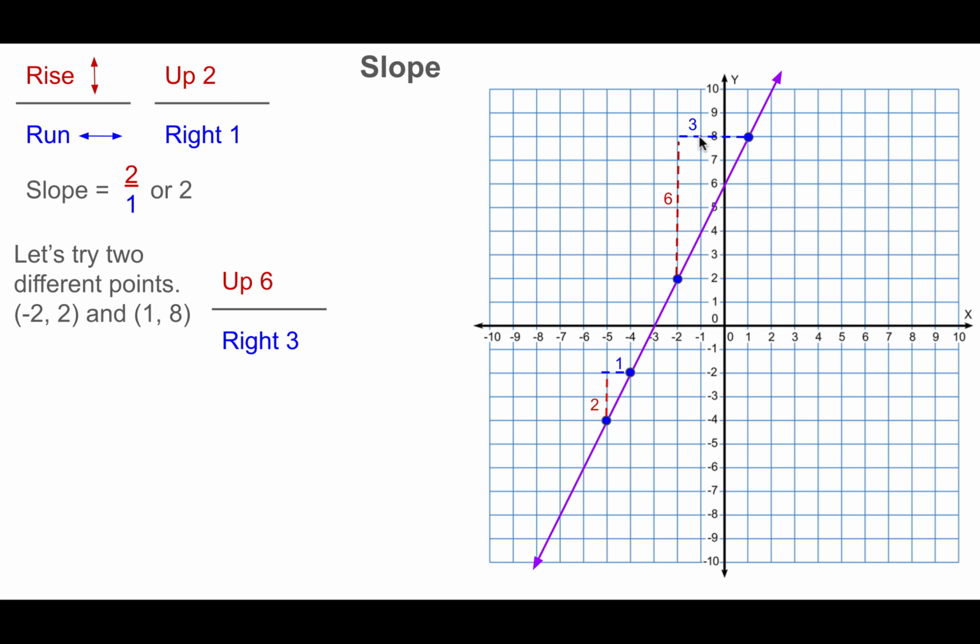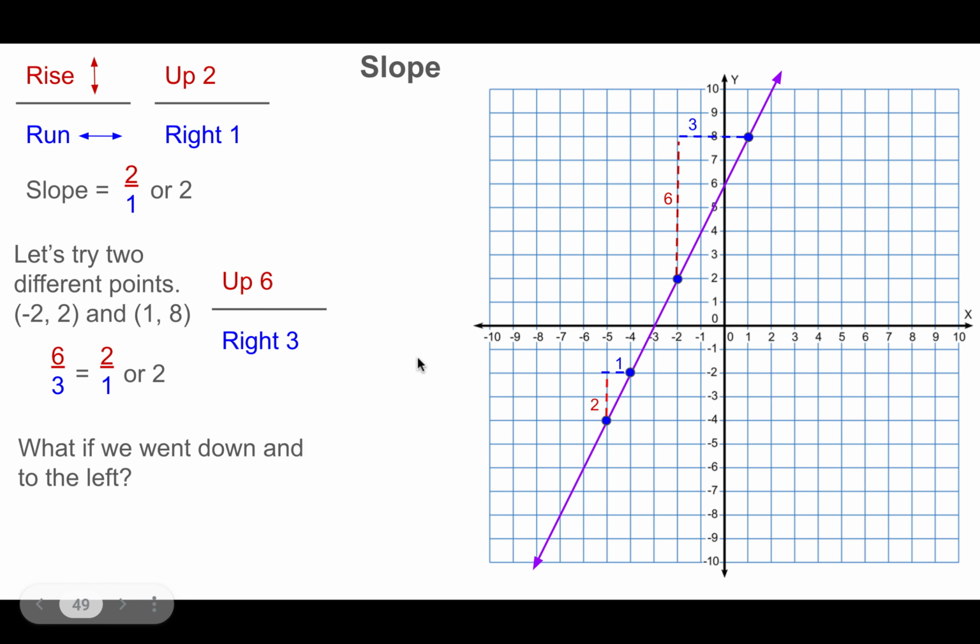And then I'm going to go to the right 3. 1, 2, 3. So the slope would be 6 divided by 3, which I can simplify to 2 divided by 1 or 2. So notice that the slope is the same. Even though the steps are bigger, it's still the same slope. It's like I'm skipping steps when I'm climbing the stairs.